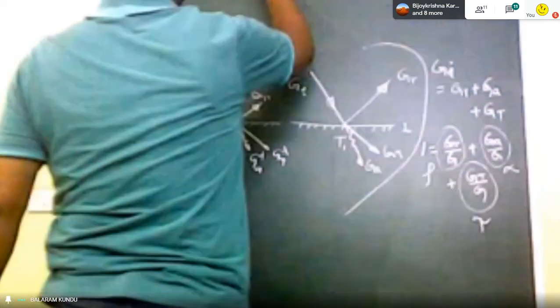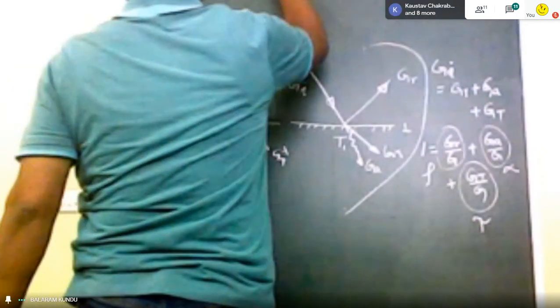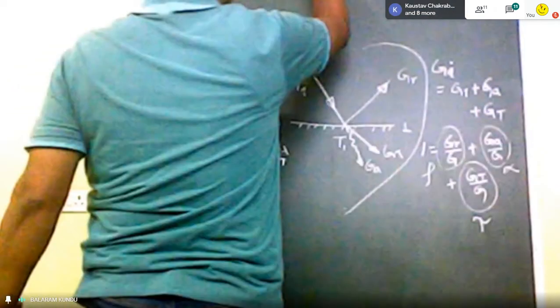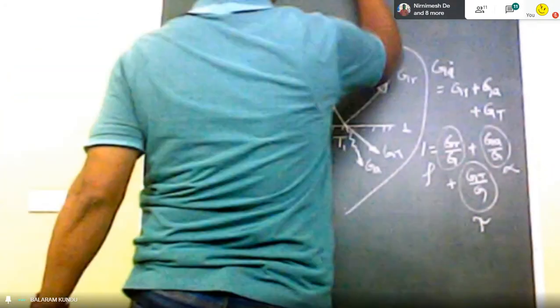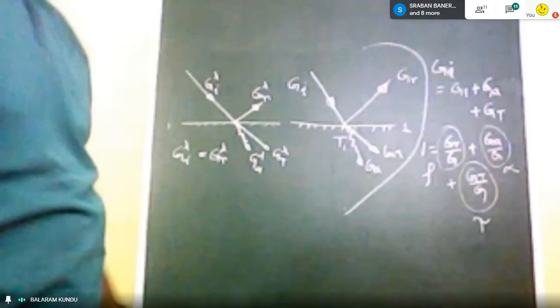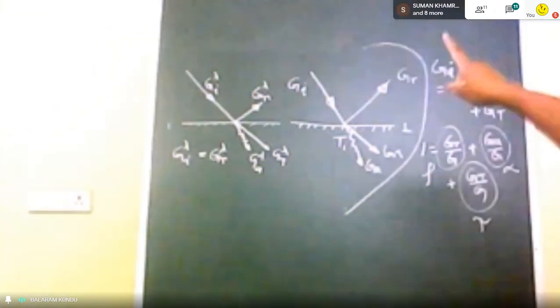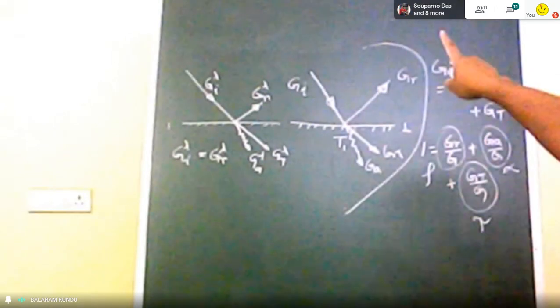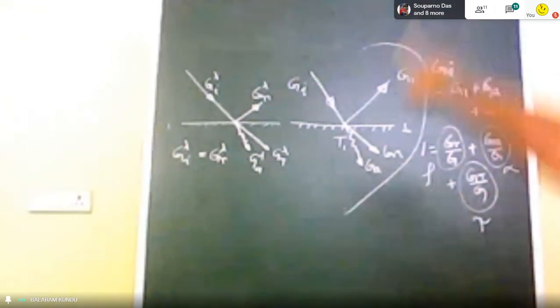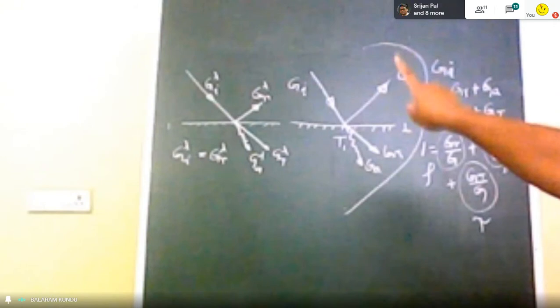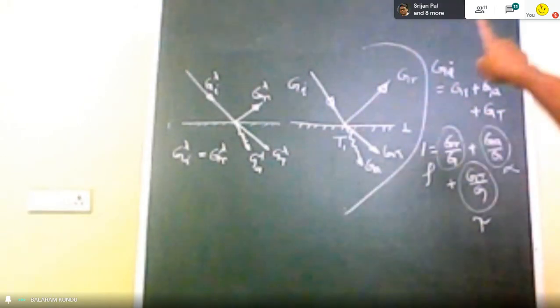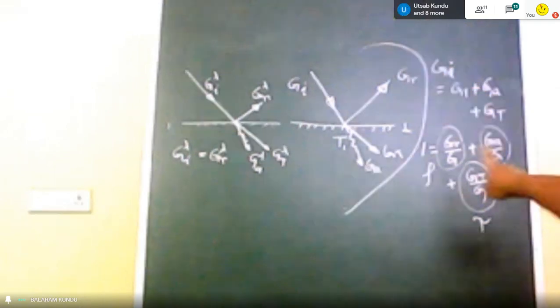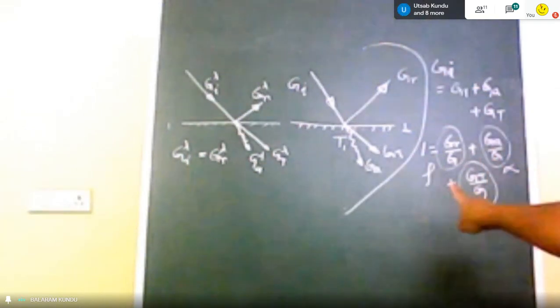This is always true: reflectivity plus absorptivity plus transmissivity equals 1.